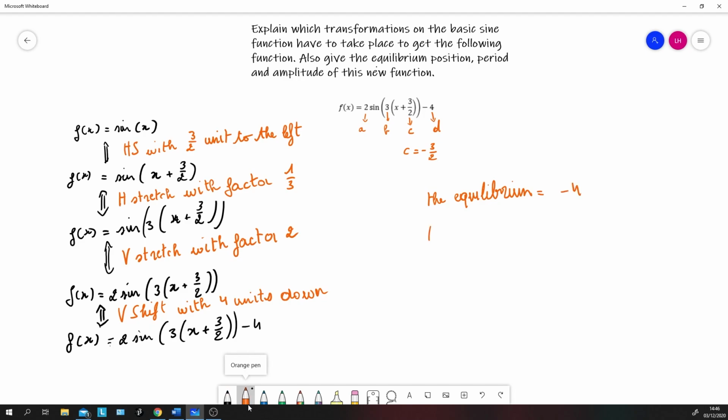Then, next, the amplitude. That's an easy one because we can just find it in our function, and that's the 2. So it's 2, and then at last the period.